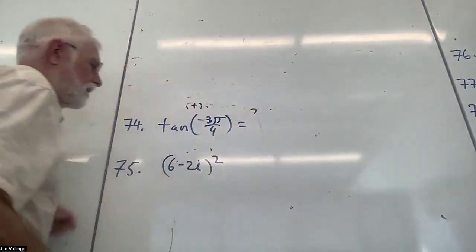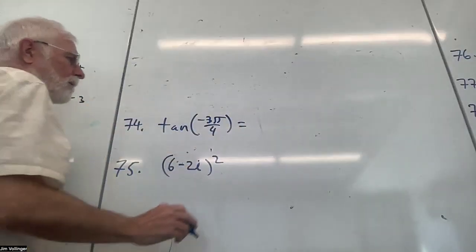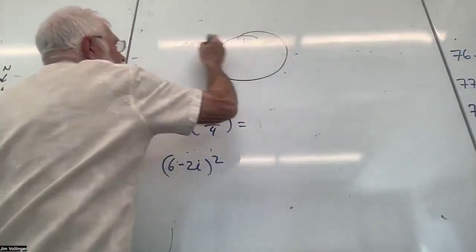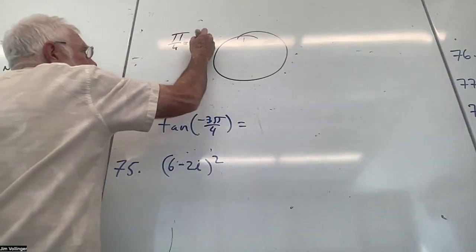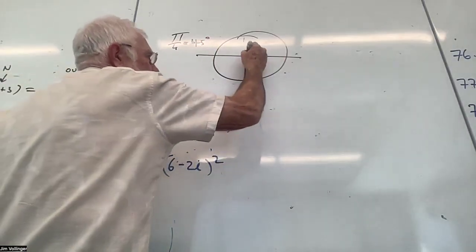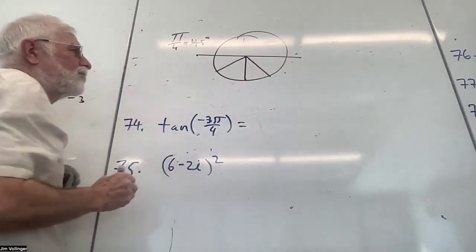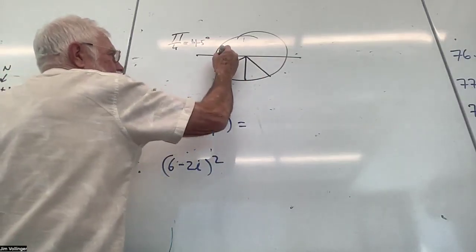All right. Tangent of -3 pi over 4. Okay, so tangent pi over 4, 45 degrees. I want -3. So I'm going to break it up into fourths. That's pretty good drawing. -1, -2, -3 is here. Straight up.